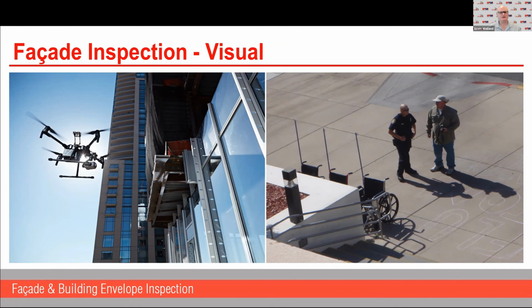Nowadays, that's been replaced by drones. We actually have a thermal camera on our drone that provides even additional information, helps us determine areas where insulation is weak, maybe there's a presence of moisture or air leakage from the building.